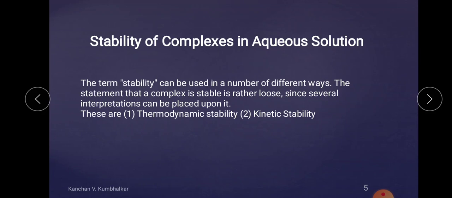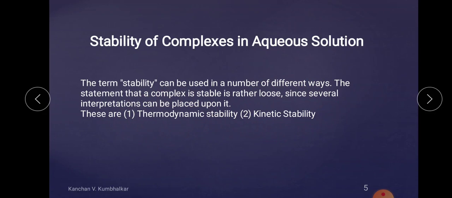This term may also refer to the action of heat or light on a compound. In studying the formation of complexes in solution, basically 2 kinds of stability of complexes can be considered. The first one is thermodynamic stability and the second one is kinetic stability.